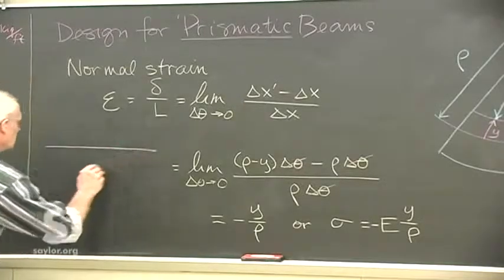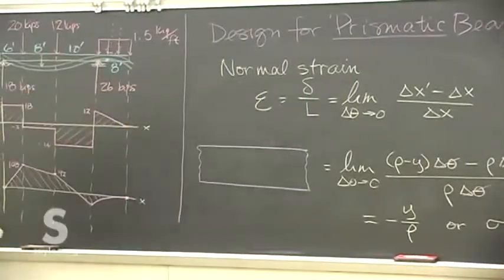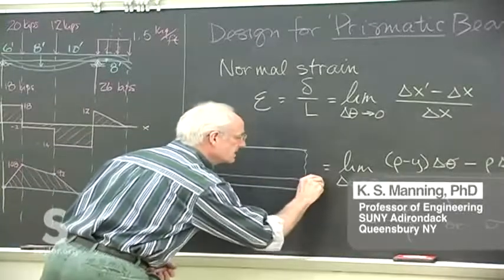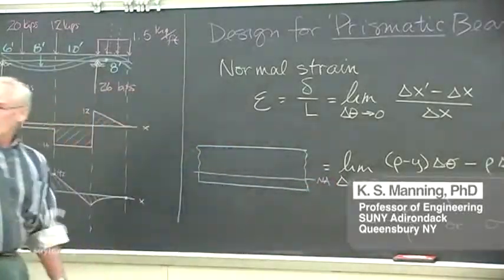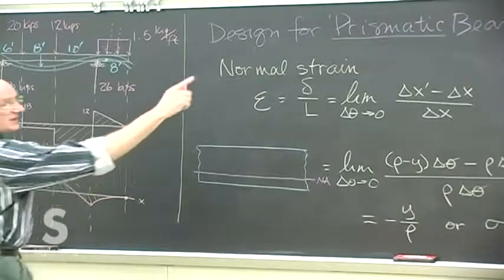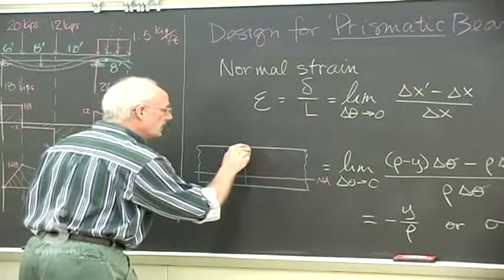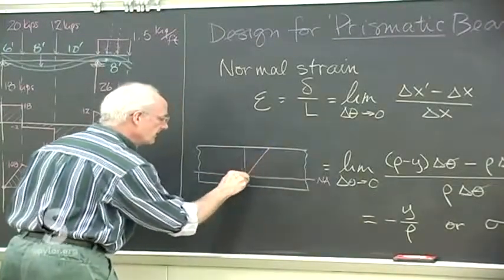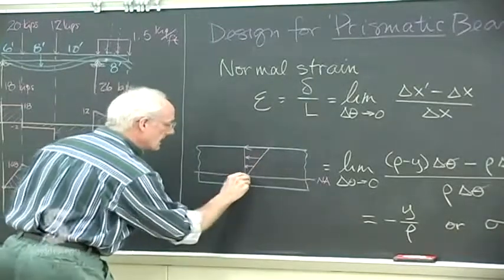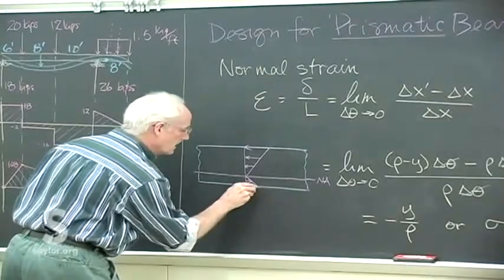Which means if we look at some beam under some kind of loading, we know there's some neutral axis somewhere. We don't know where yet. And we know that, at least for this type of bending, we have compression that varies linearly on the top, and tension that also varies linearly on the bottom.